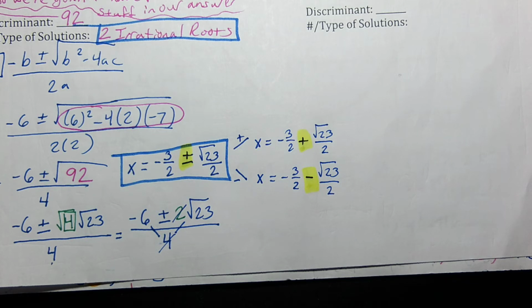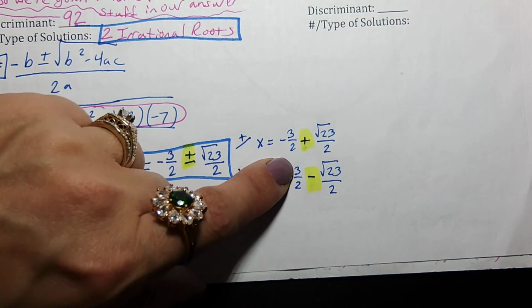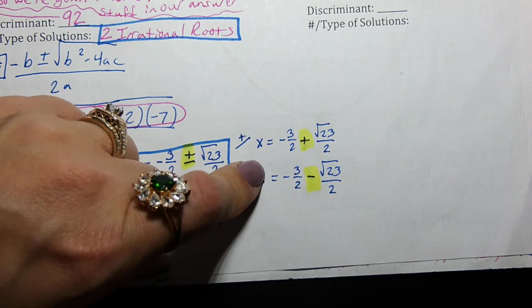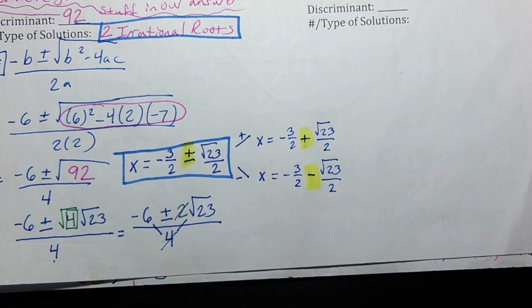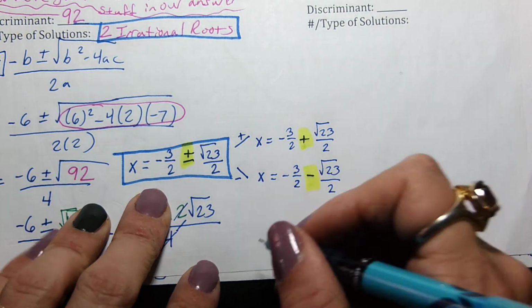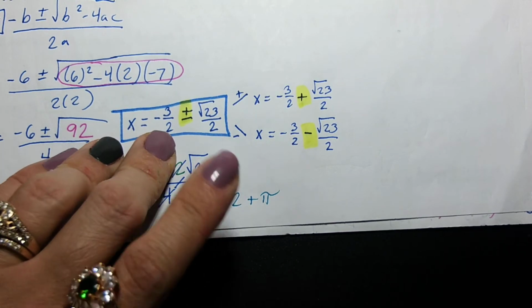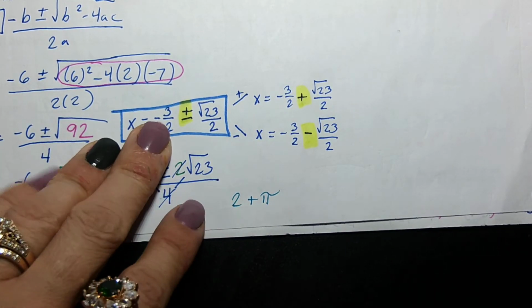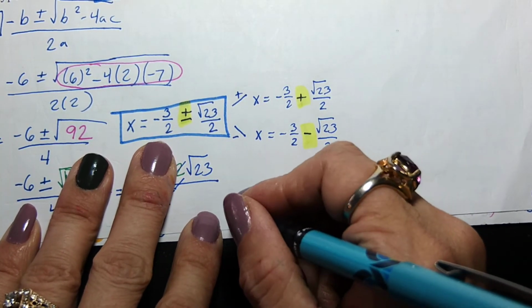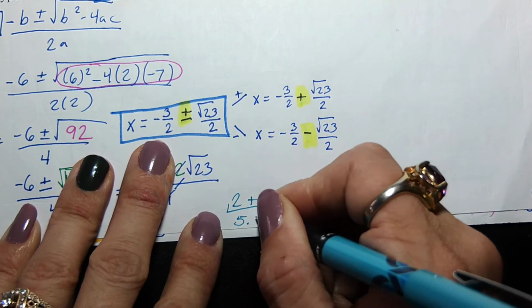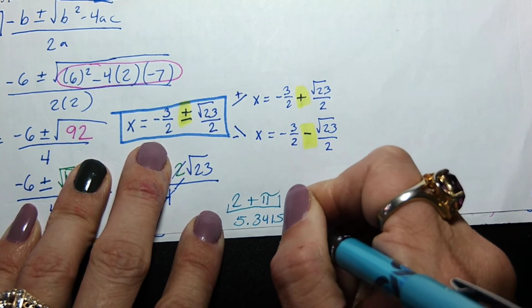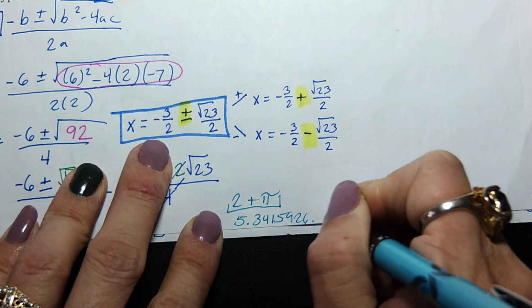We did. Sometimes students are kind of like, wait, but negative 3 halves is rational. It is, but folks, if I add something rational to something irrational, for example, 2 plus pi, 2 is rational, pi is irrational, but when I add these two together, I get 5.341592654.